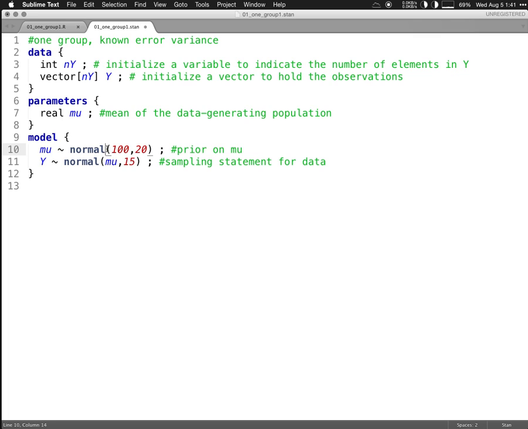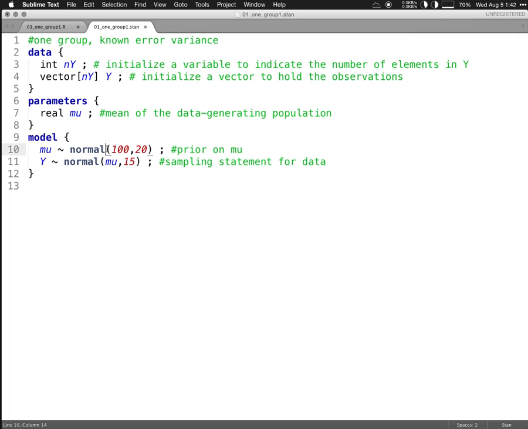But how spread this distribution should be is a little bit more subjective. So if we had a distribution with a standard deviation of 20, the more you get acquainted with this idea of using a normal distribution to specify how believable things are, the more intuitive this will be.